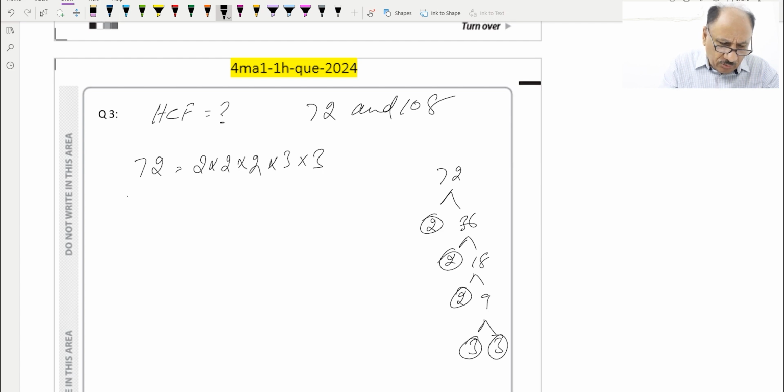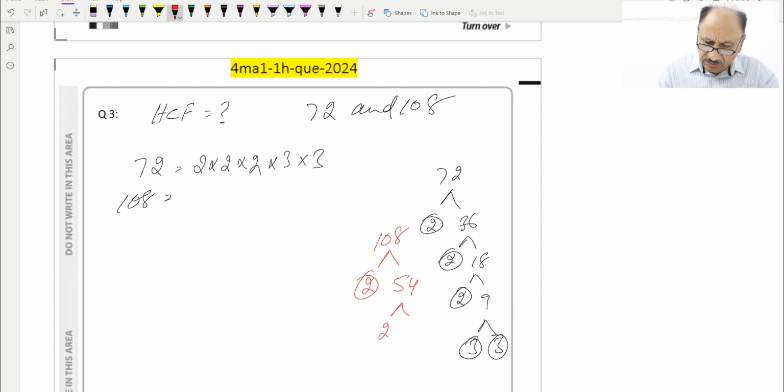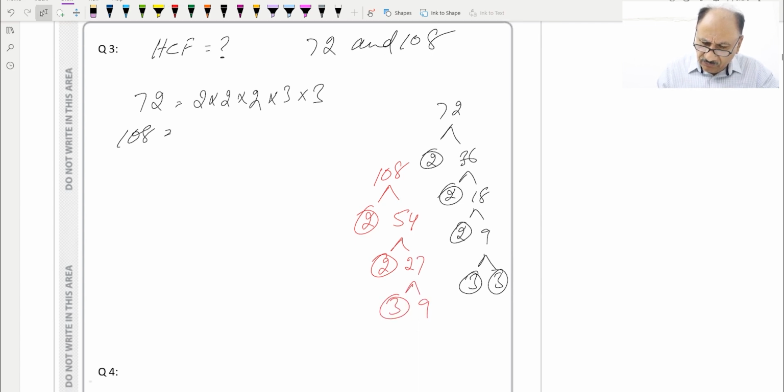And then 108, so prime factors of 108 also we can find. 108, and 2 into 2 5s are 10 and 2 4s are 8, so 54, and then we can write 2 will be 20, 2 2s are 4 and 2 7s are 14, then 3 and 9, and further we can write it as 3 and 3.